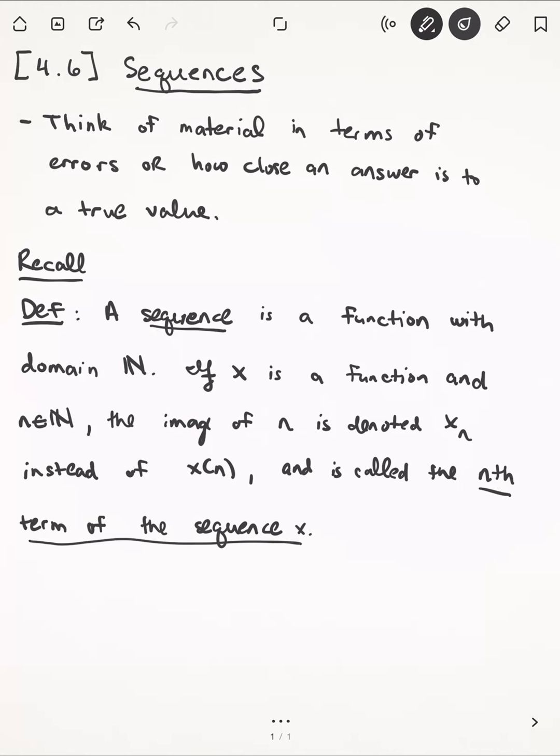Okay, and so some examples, some very simple examples. x sub n equals 2n minus 1. This is the sequence of odd positive integers.